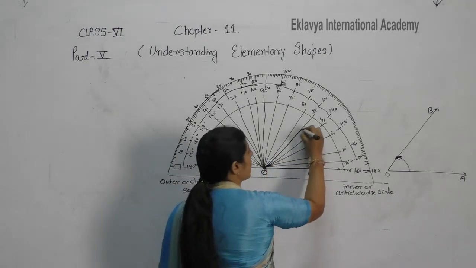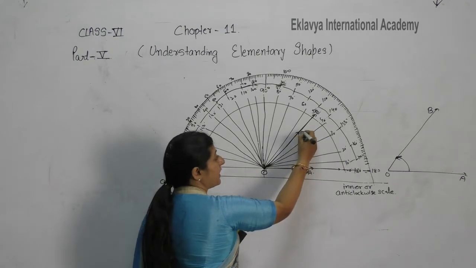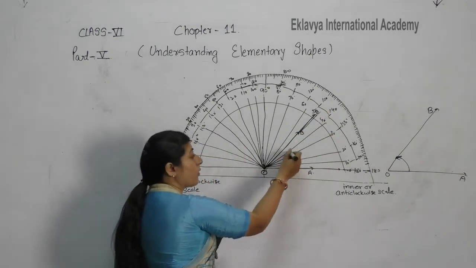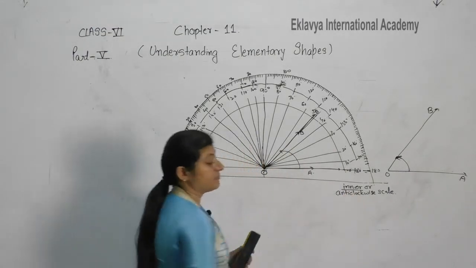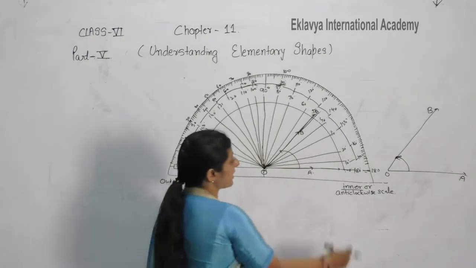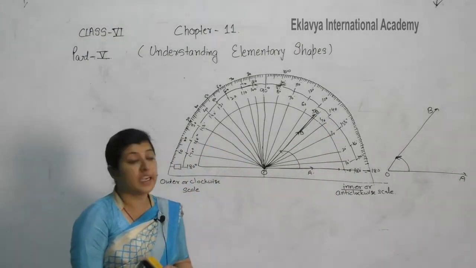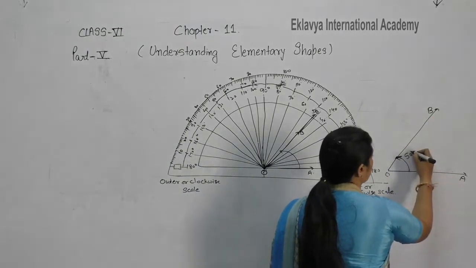Suppose this line is showing the line segment OB, here B. From this we can say, okay, this is the anti-clockwise direction. It means we will use the inner scale. And in the inner scale you can see properly that it is showing 50 degree. It means the angle AOB is equal to 50 degree.